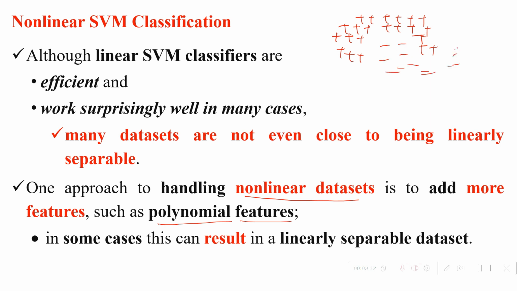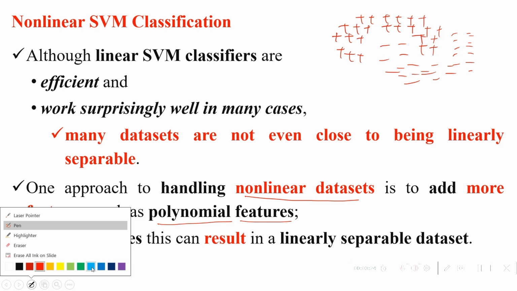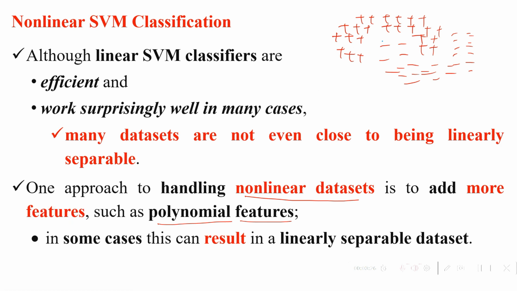In this case, we are not able to classify the data into two parts, positive points and negative points. So at that time we apply the concept called nonlinear classification. Now we can classify with the help of a nonlinear fashion on this data set. Simply, this is called nonlinear classification.